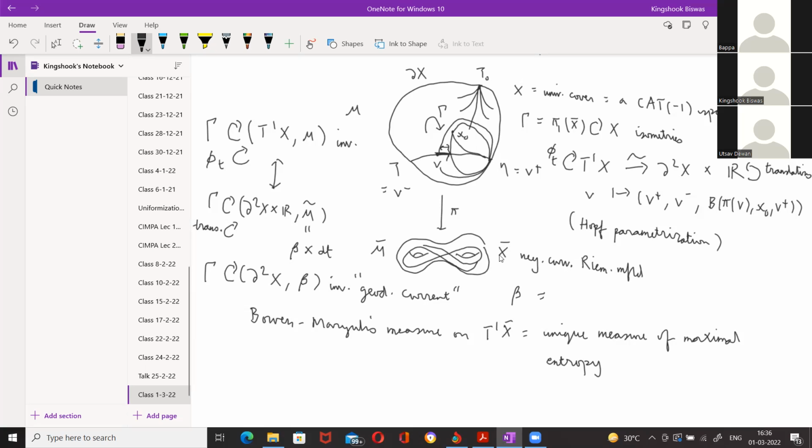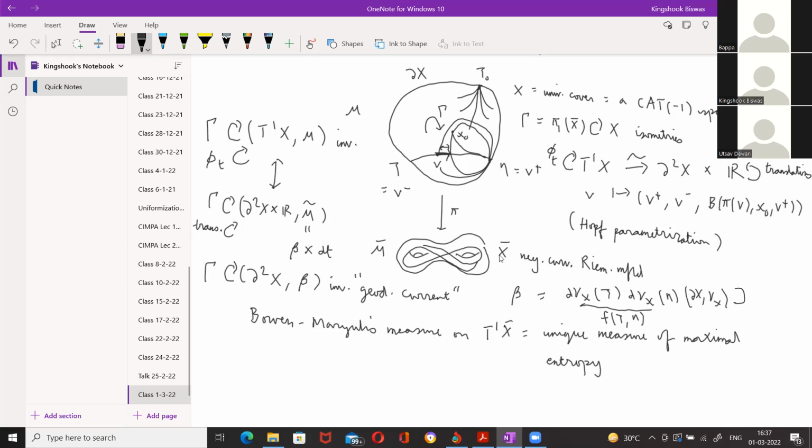You can write it as some d nu x. For many measures, you can construct such a product measure, d nu x of xi, d nu x of eta, divided by some function f of xi eta. F is a positive continuous function. If F satisfies some properties, these nu x's are measures on the boundary, nu x on del x.